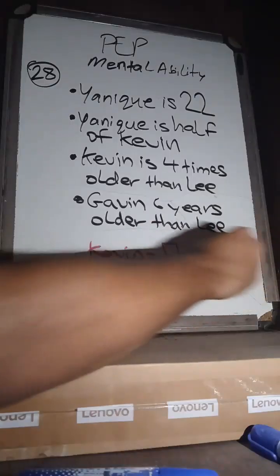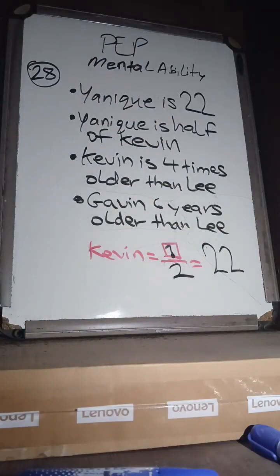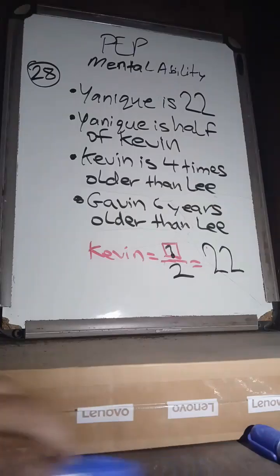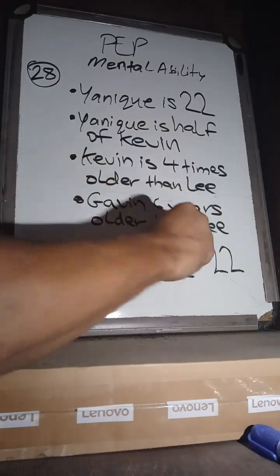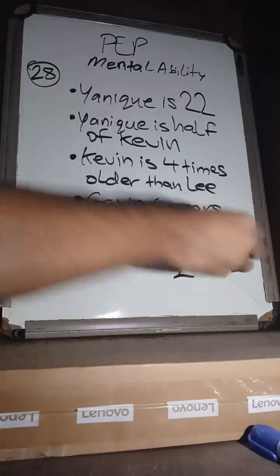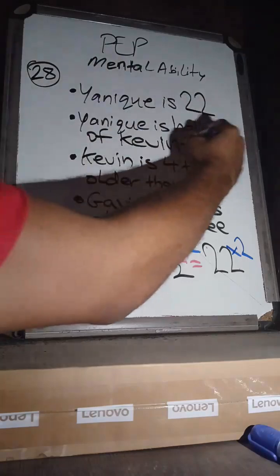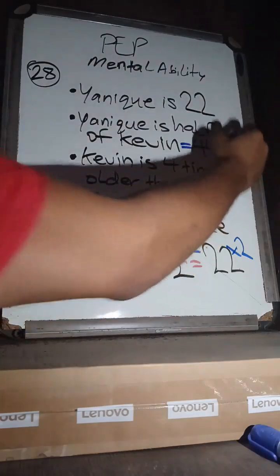So it's some mystery number here. So obviously you would multiply both sides by 2 to get your answer, right? So you multiply this by 2, you multiply that by 2. So Kevin is 44, right? So Kevin has to be 44.